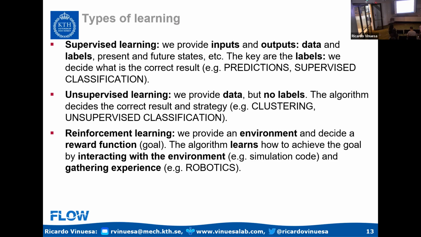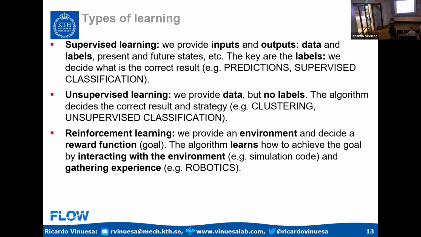And then there is a third type of learning, which is reinforcement learning. And that's very promising. I'll be talking a lot about it next week as well. We have quite some research on this area. In reinforcement learning, you don't tell the network the answer, you only tell the network a particular goal, a reward. So I want to minimize the drag of this device. And then the machine learning model interacts with the system, tries a bunch of stuff, and makes errors, of course, and then it picks the trajectory that gives us the optimal performance in terms of that reward that you have defined.